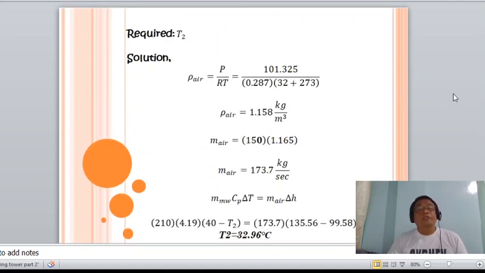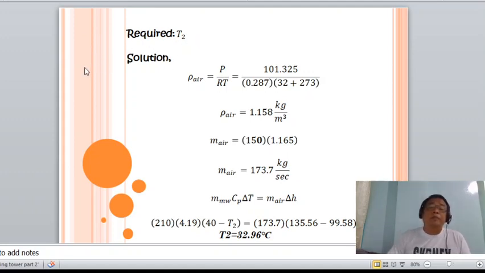Okay? So getting now the temperature at 2, or the temperature of the cold water, from the formula of the ideal gas equation, or equation of state.